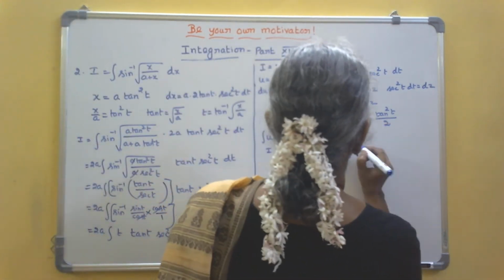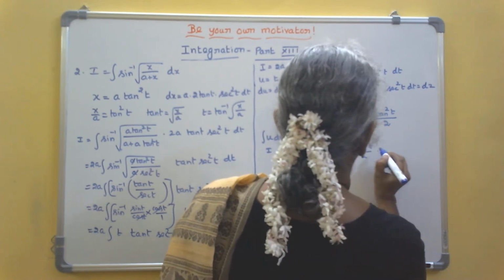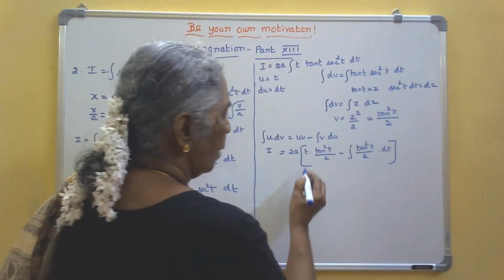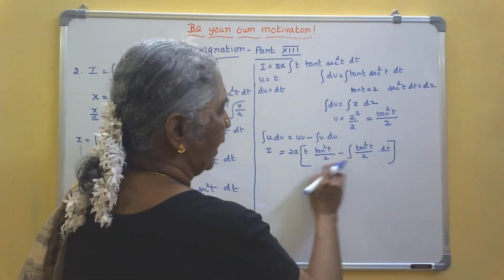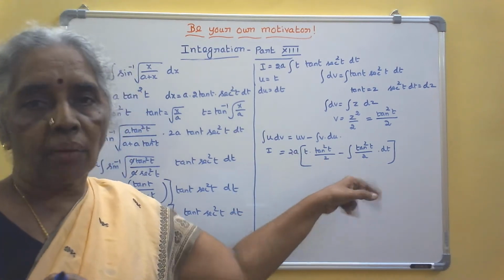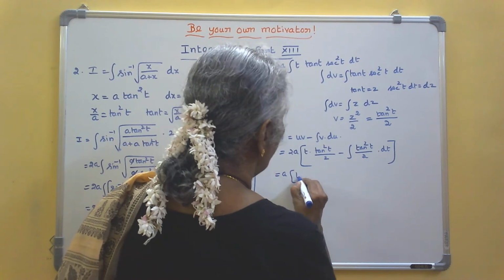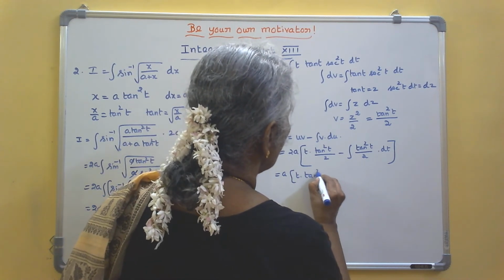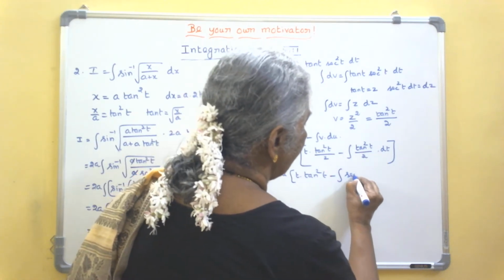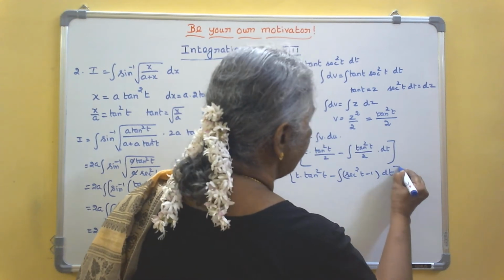So you will get here tan squared t by 2 into dt, right? So now here, if I remove the bracket, actually these two can get cancelled, isn't it? 2 is outside and you have a 2 here. So we will be actually getting a into t tan squared t minus this tan squared t I will write secant squared t minus 1 dt.